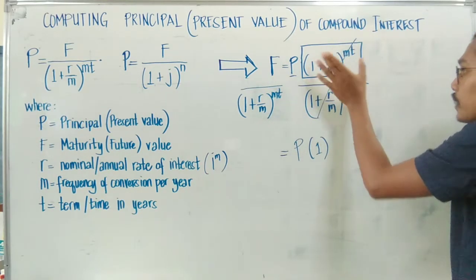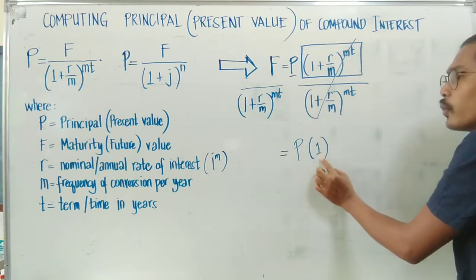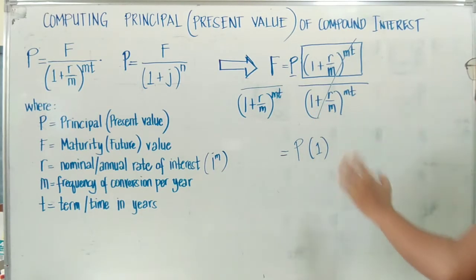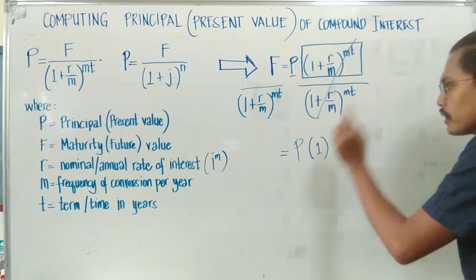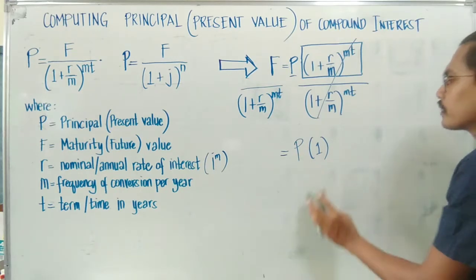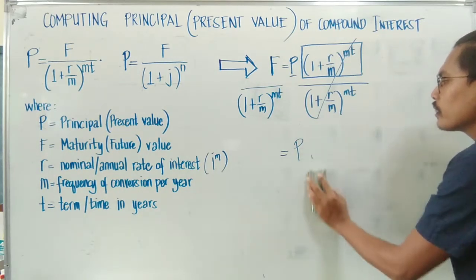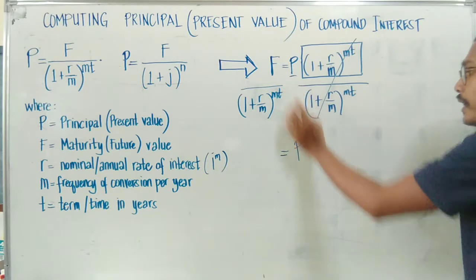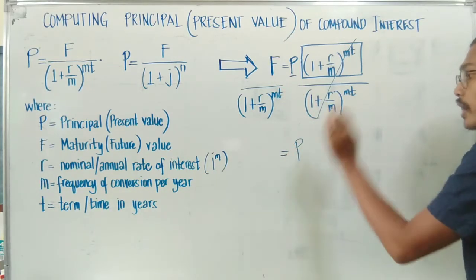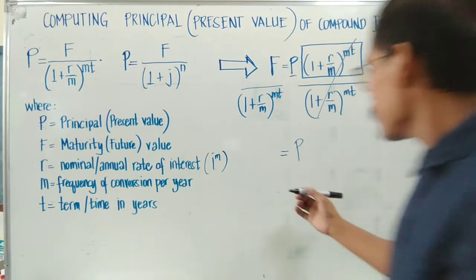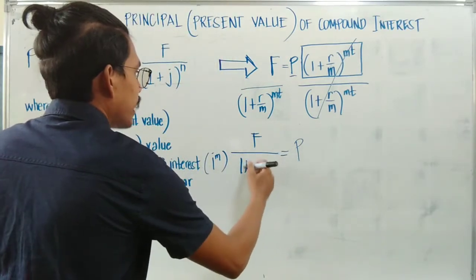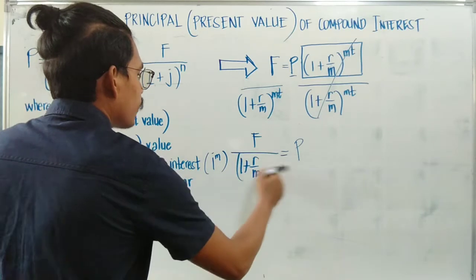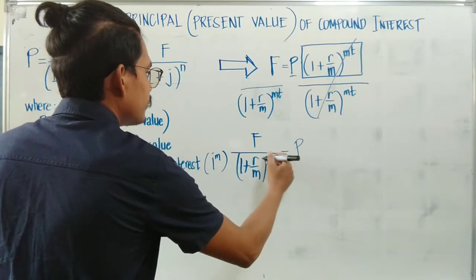This quantity divided by the same quantity is 1. Any quantity or number divided by itself gives us the quotient of 1. So 1 times P is still P. That is why we isolated P on one side of your equation, and the other side will become F over 1 plus R over M raised to MT.